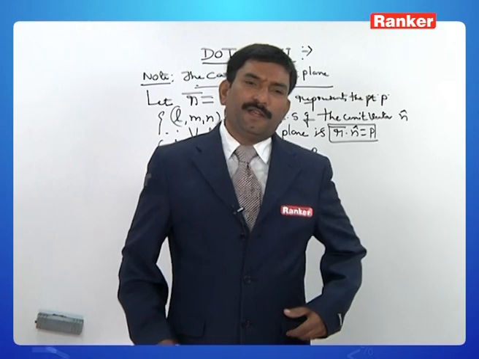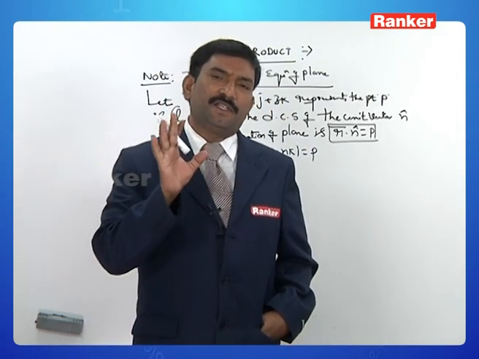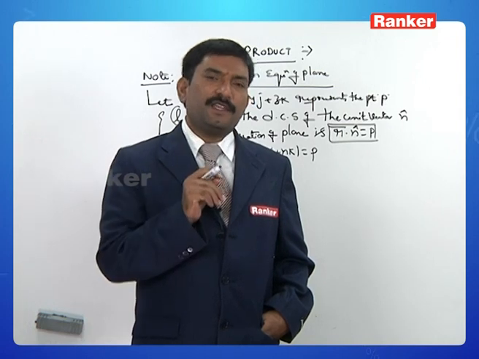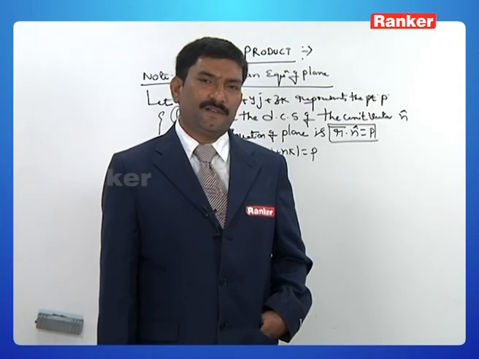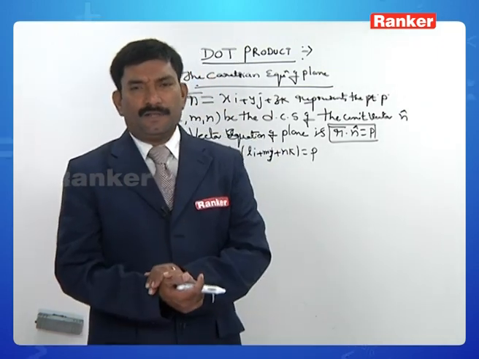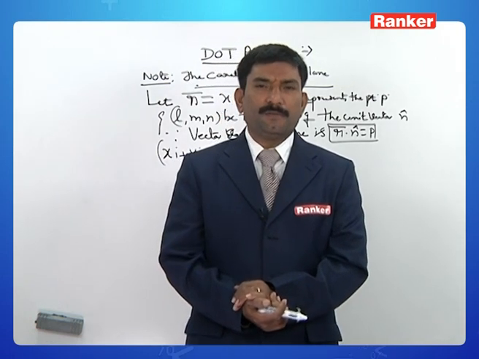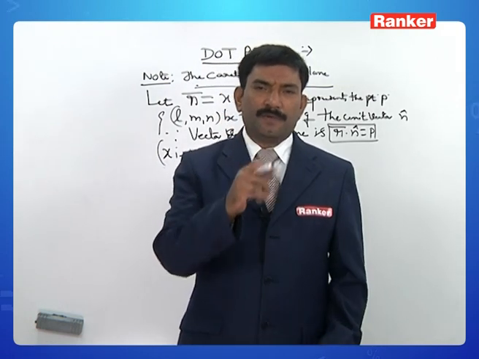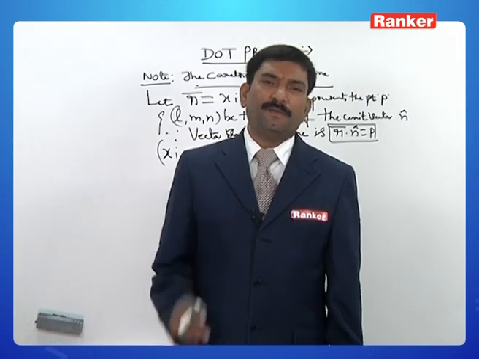In place of n cap, I have taken li plus mj plus nk. What's the modulus of li plus mj plus nk? Modulus is 1, since l, m, n are the DCs of a vector. We know that when l, m, n are the DCs of a vector, l square plus m square plus n square is equal to 1.